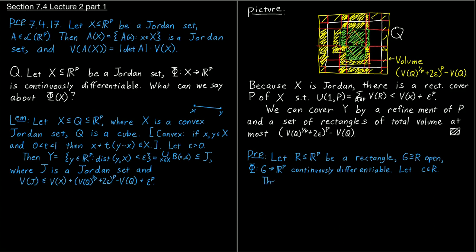The conclusion then is that phi of R, we can't say that it is a Jordan set yet at least, but it is contained in a Jordan set J, and the volume of our Jordan set is going to be what we saw in the previous lemma: the volume of the rectangle times the determinant of d phi of c.